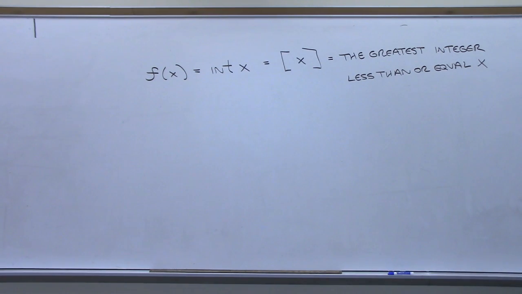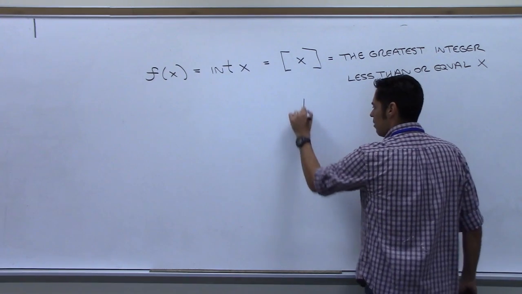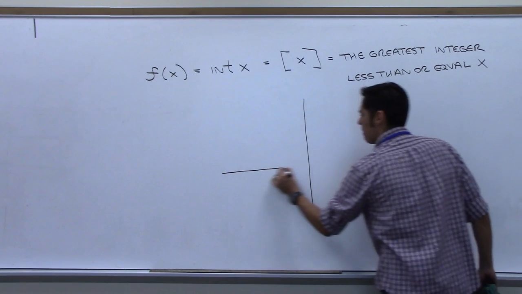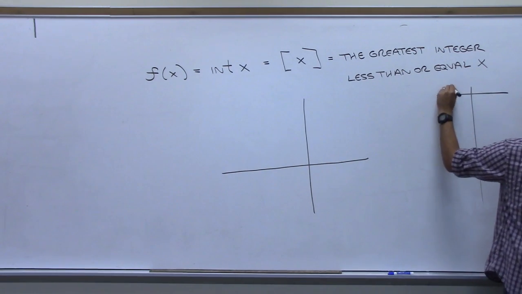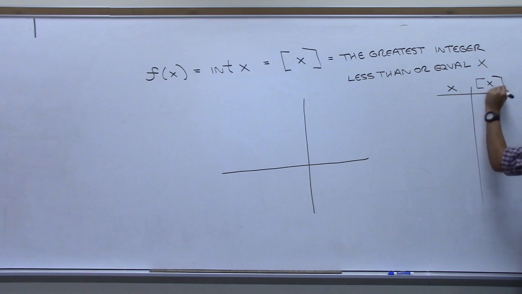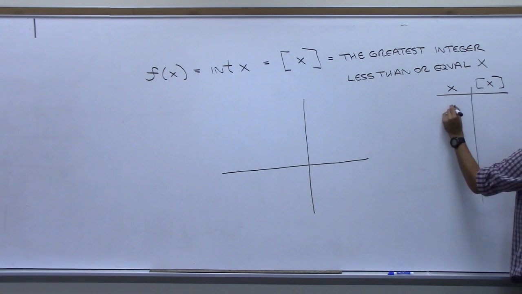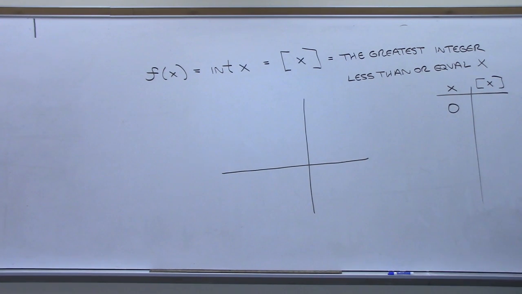Let's get an idea of what this is doing. Let's try and graph this. I'm going to make a t-table, x, and then the greatest integer function. Let's plug in 0. I would like you to tell me the greatest integer that is less than or equal to this number.